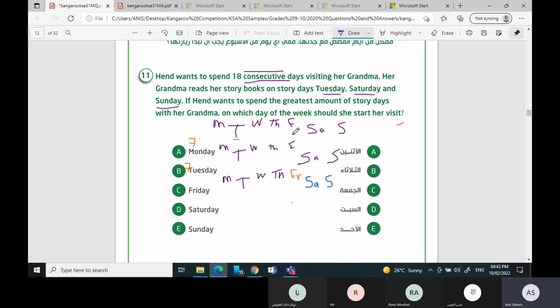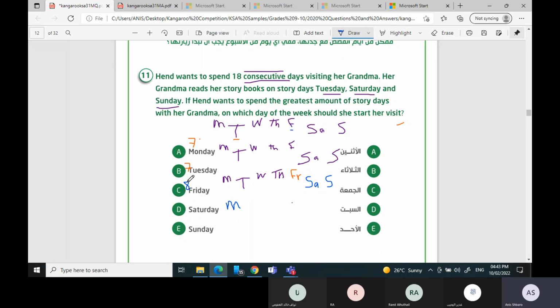And if she came on Friday, she will leave on Monday, the latter up. Okay, so our case now is on Friday. Let me count. 1, 2, 3, 4, 5, 6, 7, 8.